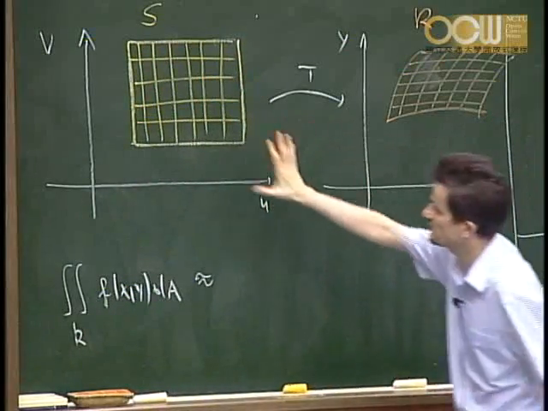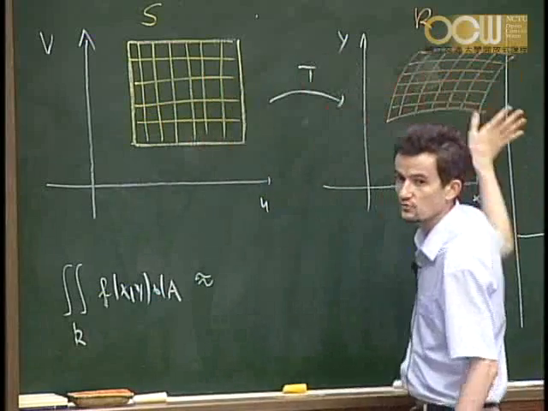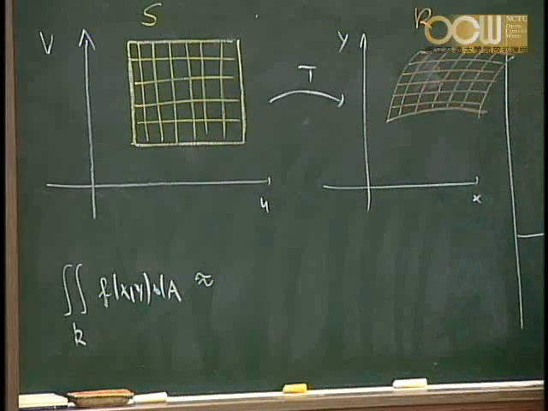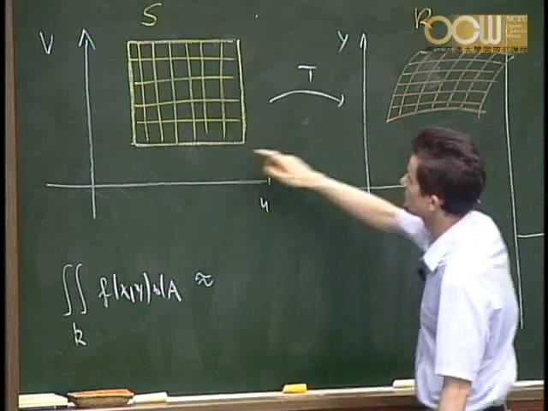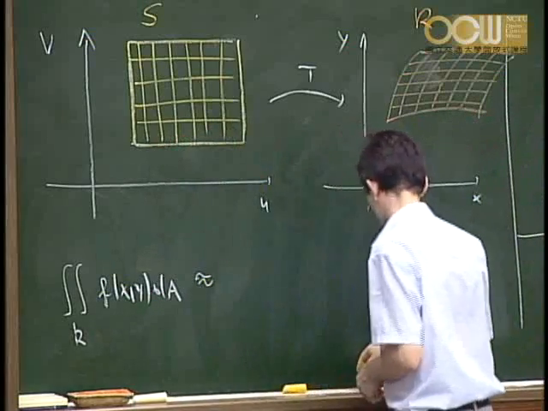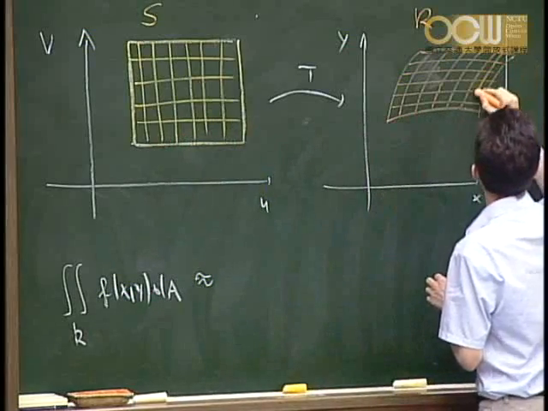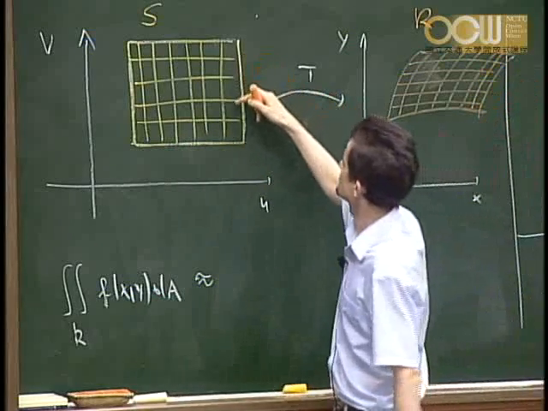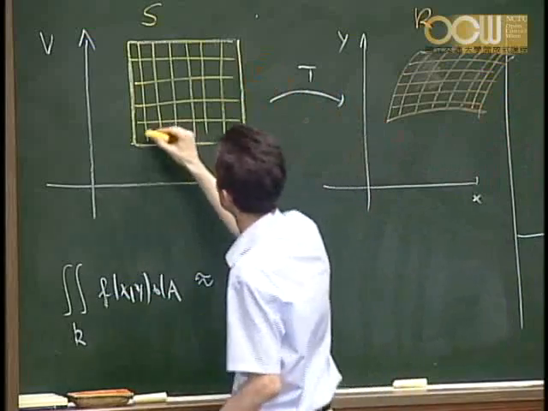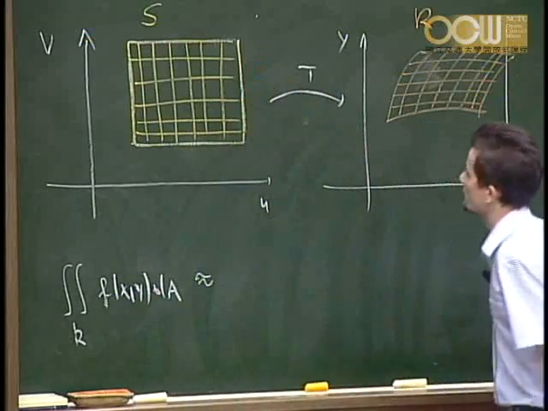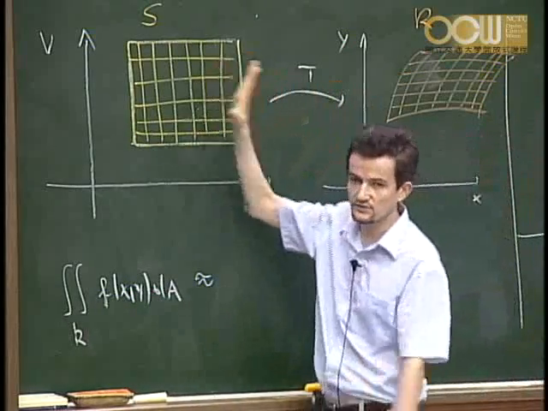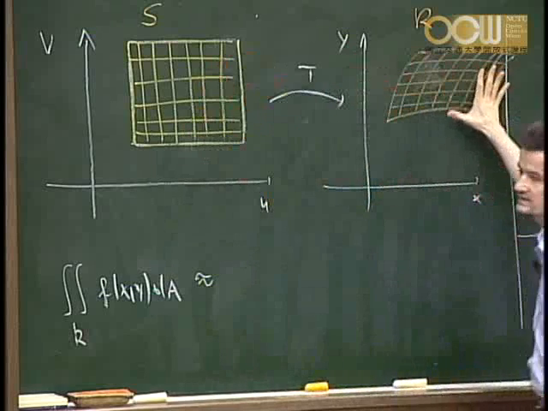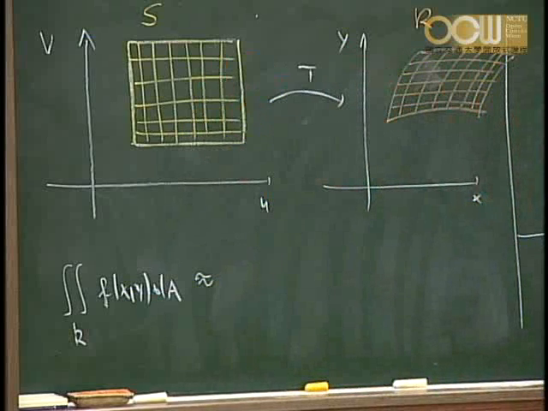And then I map this subdivision using T onto R. I will get here something like this, it's not really correct, but okay. So I divide first S into subrectangles, and under T I will get the subdivision of R.